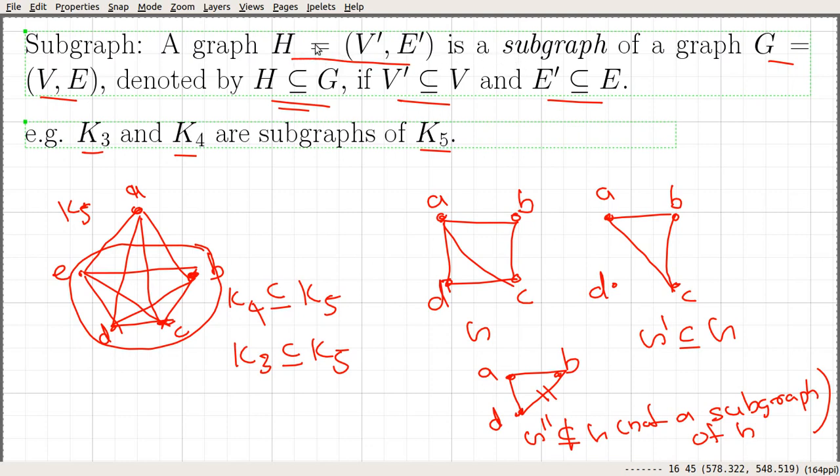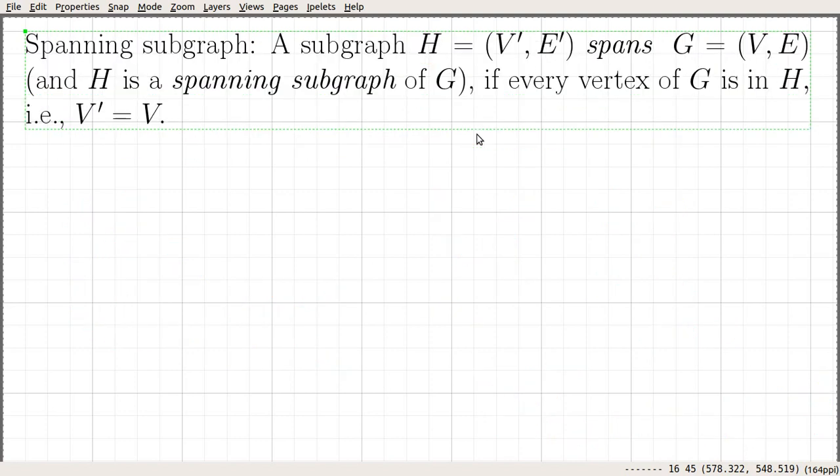Okay, so this is the formal definition of a subgraph. A graph H is said to be a subgraph if the vertex set of that graph is a subset of the vertex set of the original graph, and the edge set is a subset of the edge set of the original graph. Then we could have different kinds of subgraphs, and we are going to discuss them here. Another important subgraph is what is called a spanning subgraph.